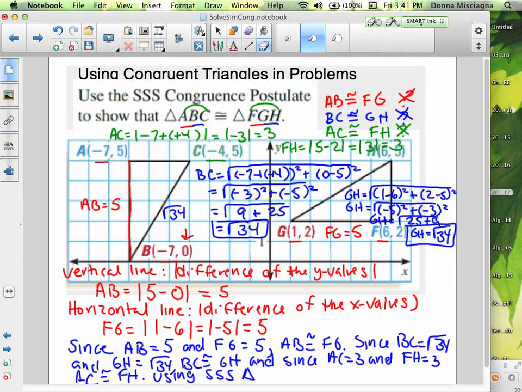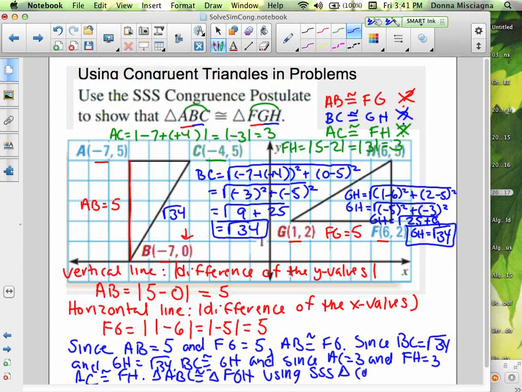Actually, I'm going to change my sentence just slightly. Therefore, triangle ABC is congruent to triangle FGH, using the side, side, side triangle congruence postulate. So we didn't just say they were congruent, we proved they were congruent. And we have now finished the congruence section of solving problems with similarity and congruence.